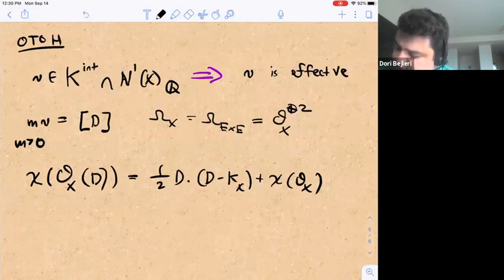And so that also tells us that the canonical divisor, which corresponds to the top wedge of this bundle, is also trivial.